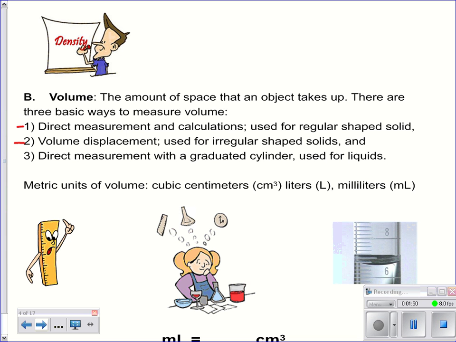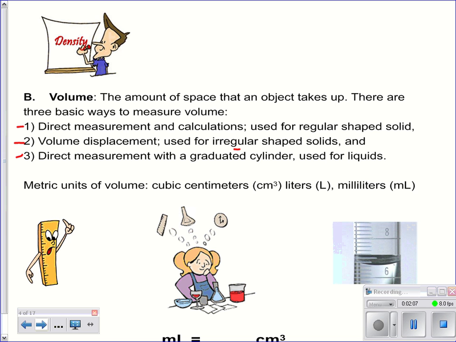We're going to be doing that tomorrow in lab, but that's for our irregularly shaped solids. And also using a graduated cylinder, you can directly measure the volume of a liquid. So those are the three different ways you would go about getting measurements for volume.